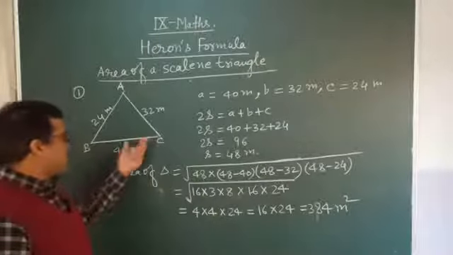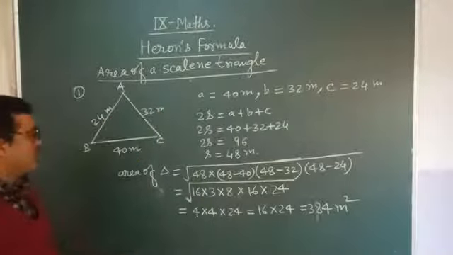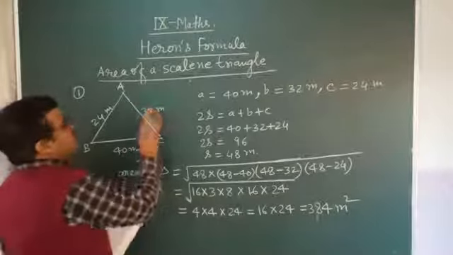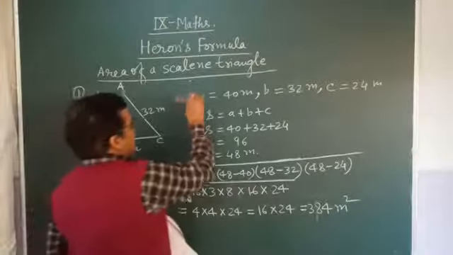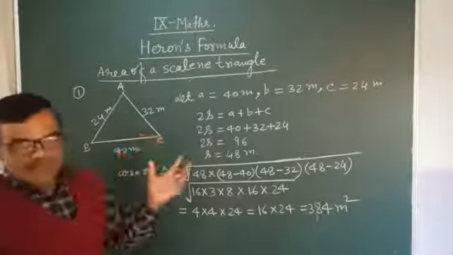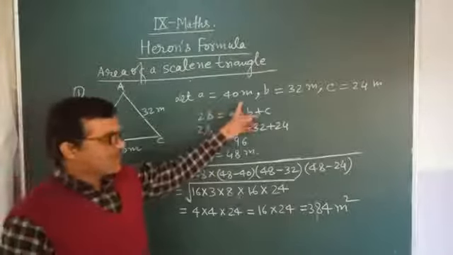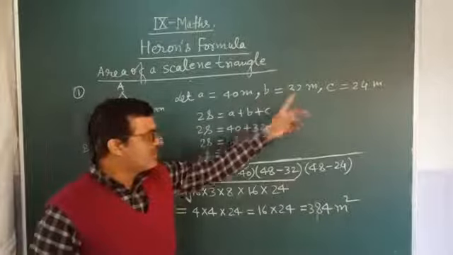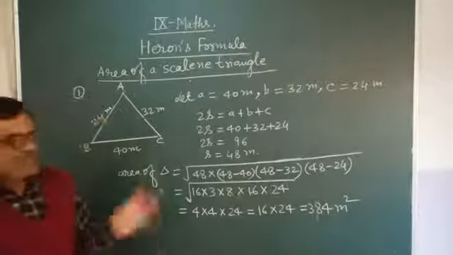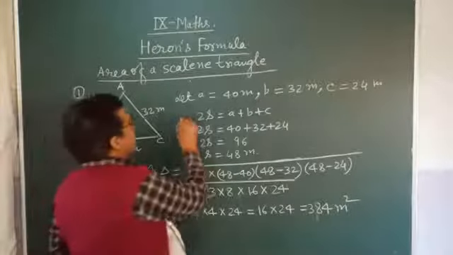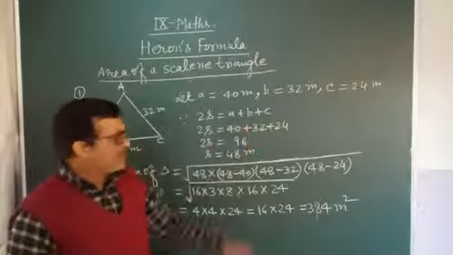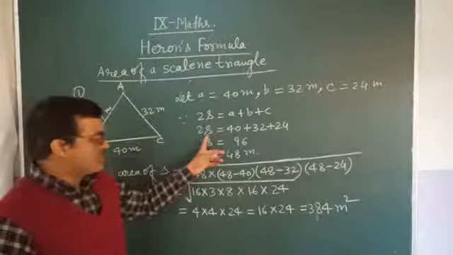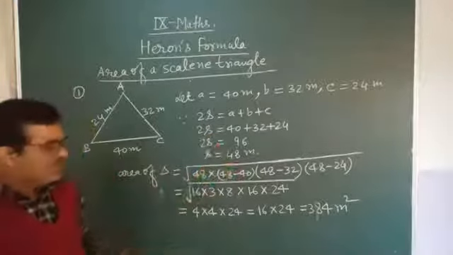So we have the given sides of the triangle: 40 meter, 32 meter and 24 meter. We have to find the area of this triangle. We suppose the sides of the triangle are a equal to 40 meter, b equal to 32 meter, c equal to 24 meter. Since we know that the perimeter of a triangle is 2s equal to a plus b plus c, we find the value of 2s as 96 meter.